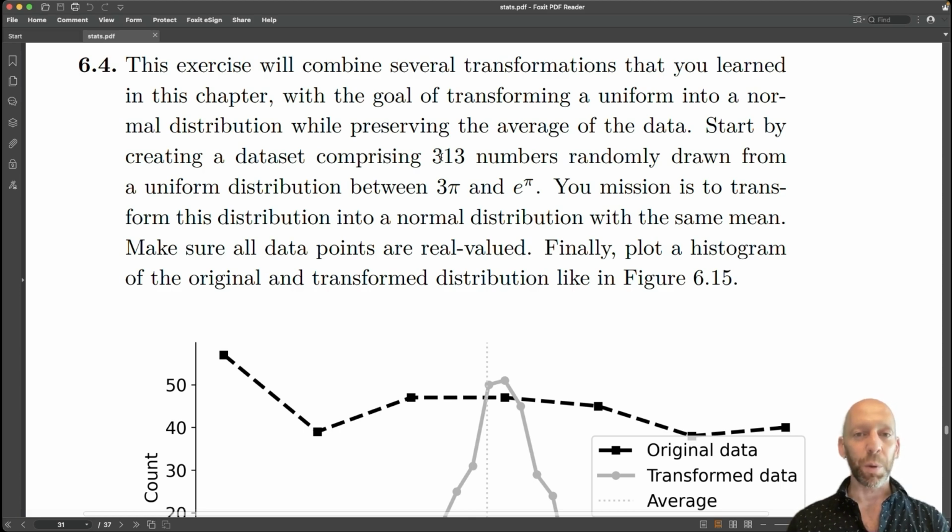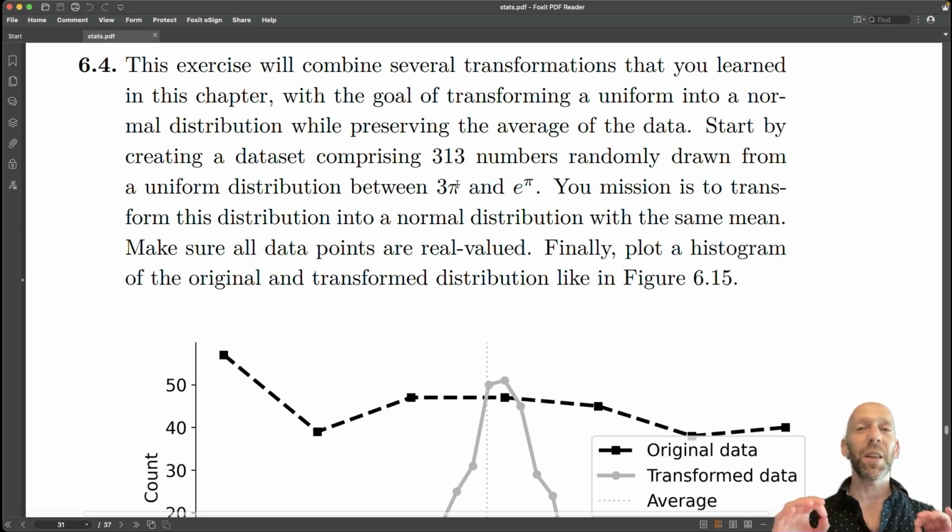So what I want you to do is start with 313 numbers that are randomly drawn from a uniform distribution between 3 pi and e to the pi. No reason, I just happen to like how these two numbers look.